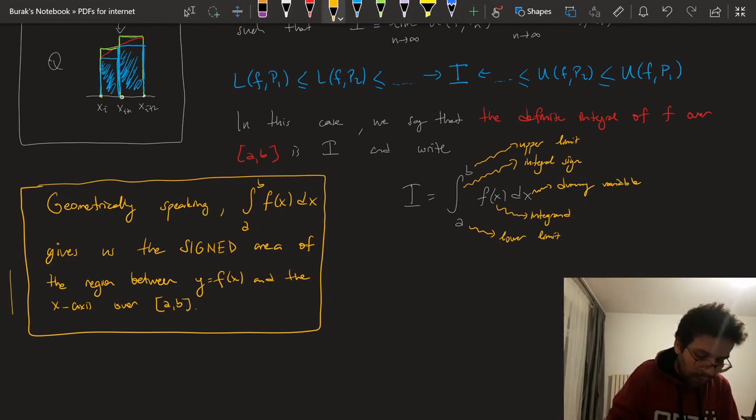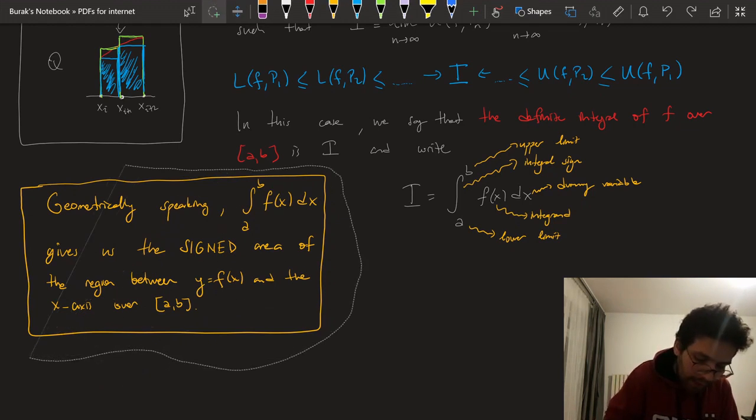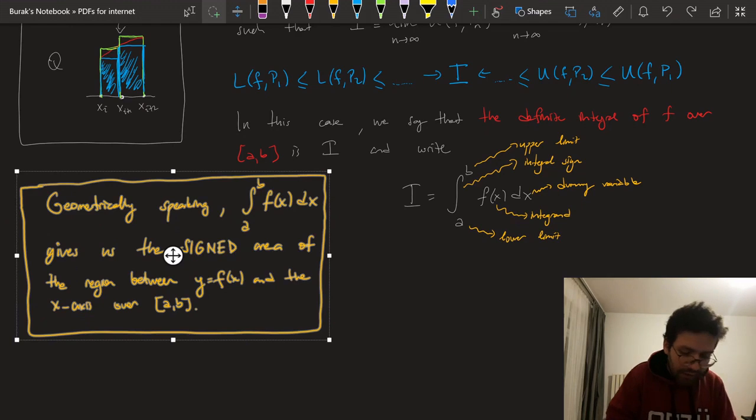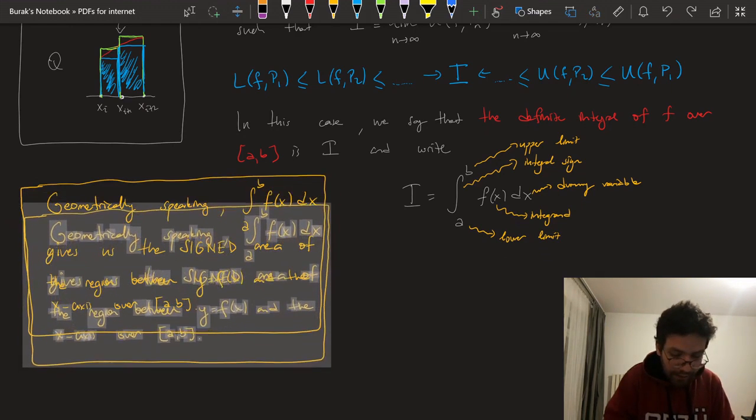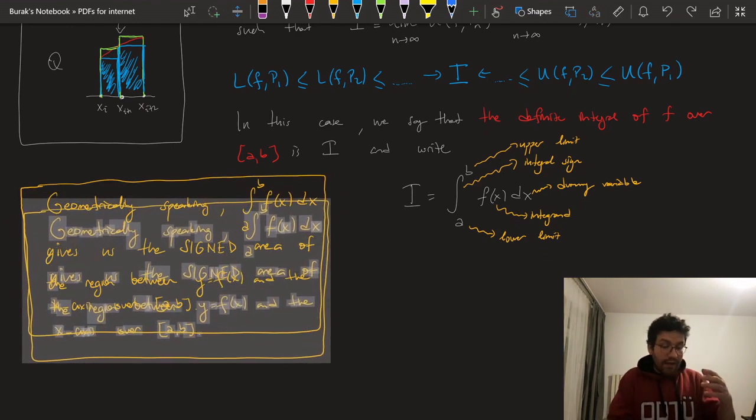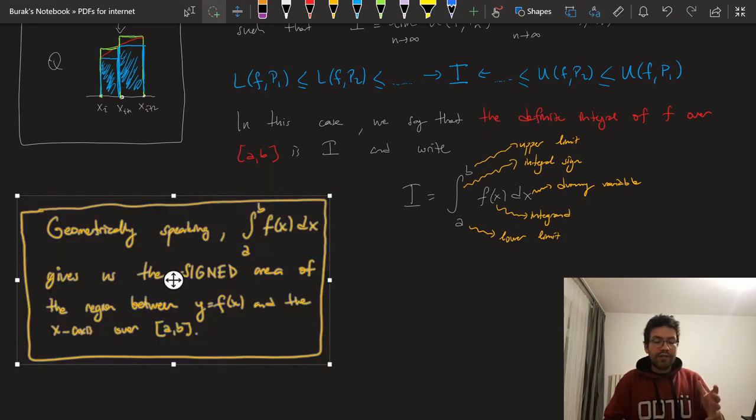Okay, so this is important. Remember I told you that our motivation is to compute the area of the region under the graph of a curve over an interval.